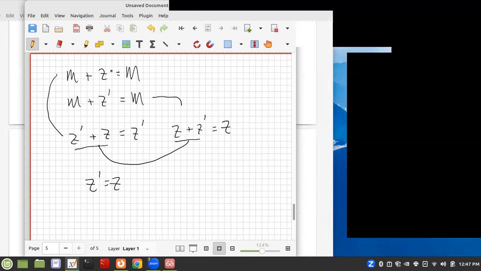Let's ask, could there be two different matrices Z and Z prime? From the axioms we have so far, we can see it's impossible. It's logically impossible for there to be two such matrices. So if we guess one and say, look, Z is this one, we know this is the only possibility, and we can give it a name Z because we know it's the only one.